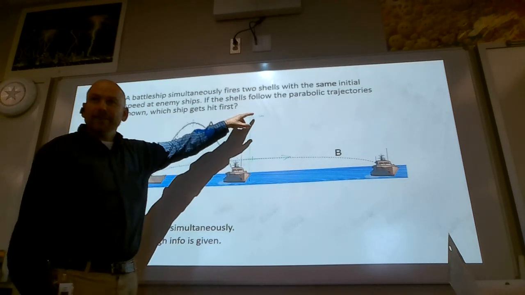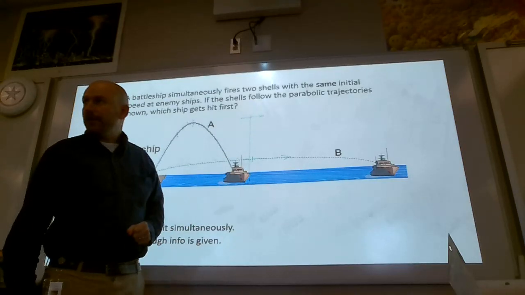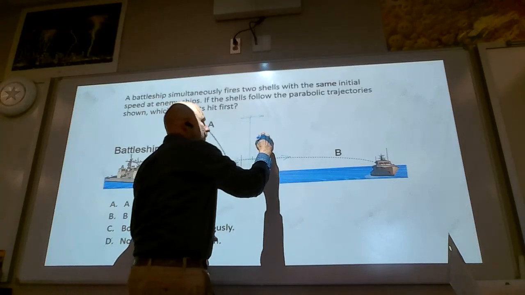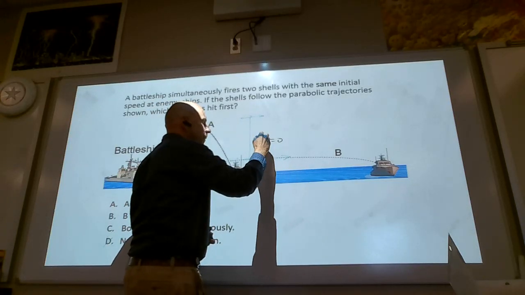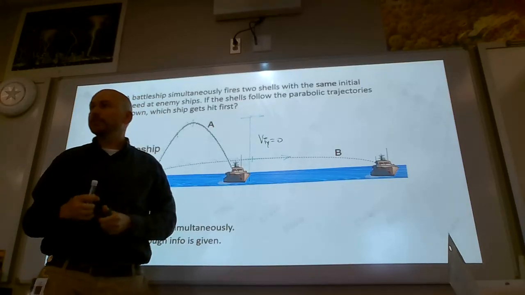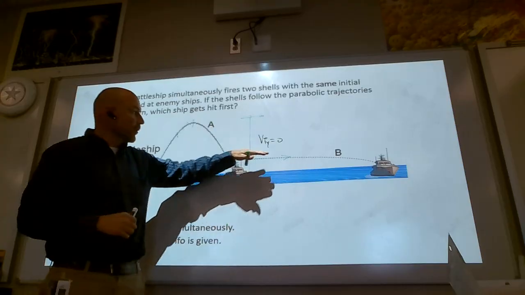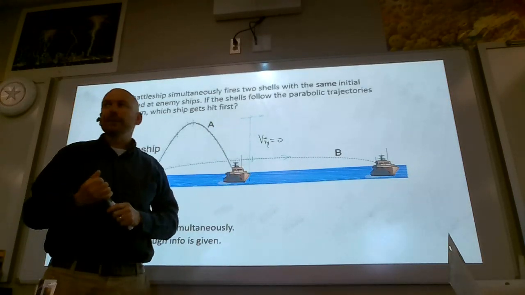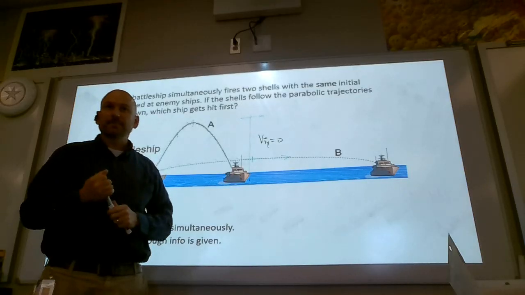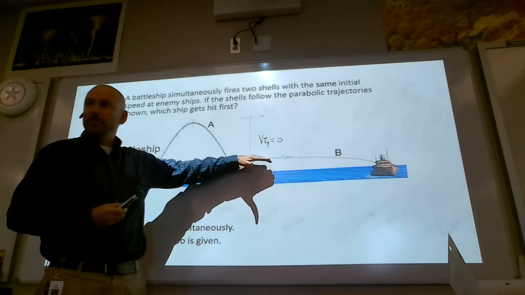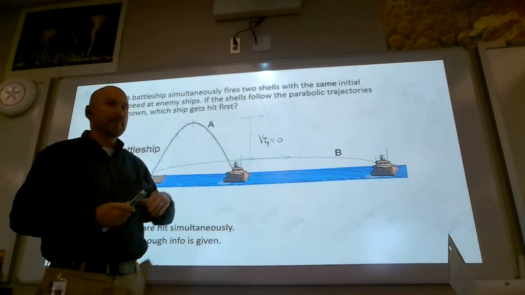B is going to hit the ground first because both of them have an initial vertical velocity of 0, vertically, as if they are both dropped. It's moving horizontally, yes, but does the horizontal motion affect the vertical? No, it's independent. So is everybody all right with B hitting the ground first, regardless of how fast it's going horizontally?